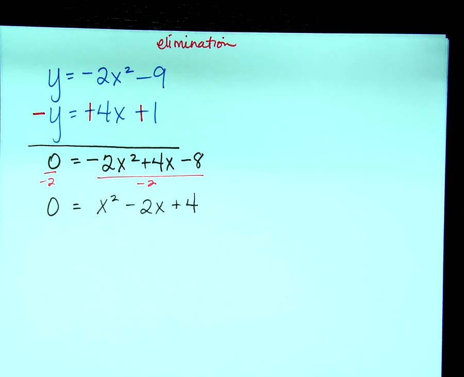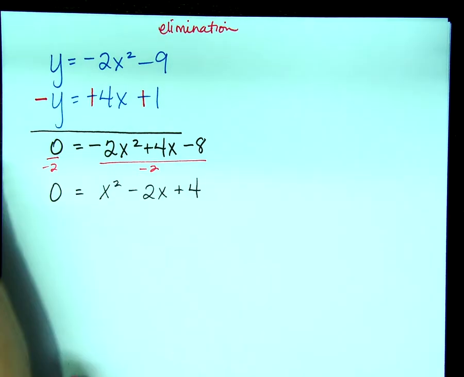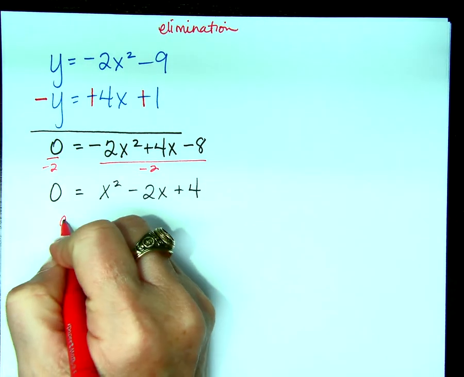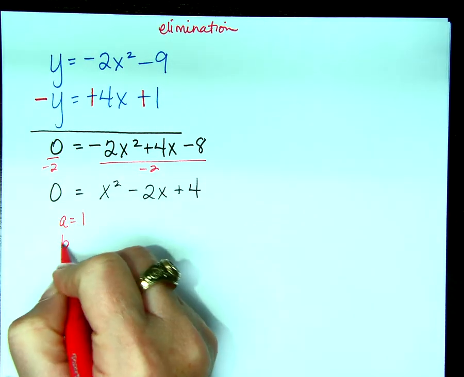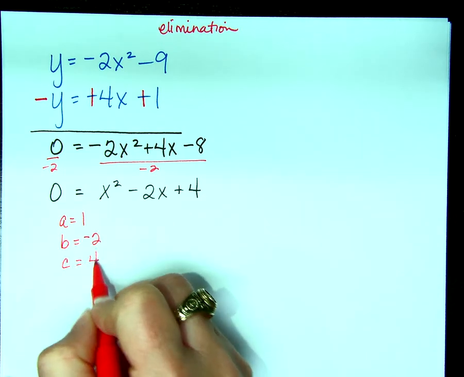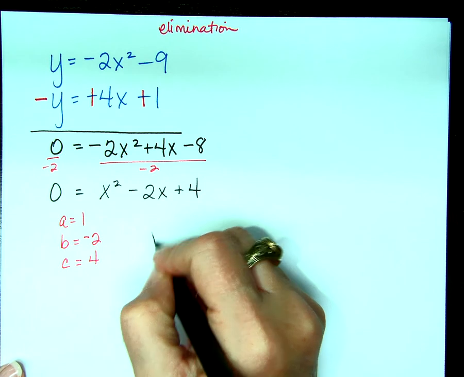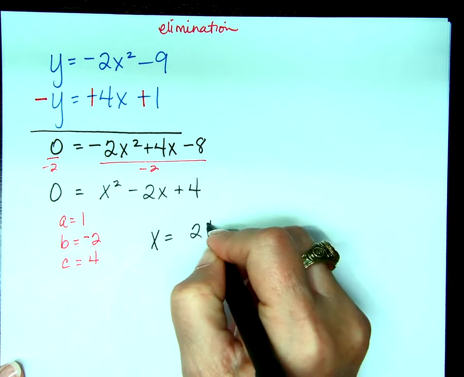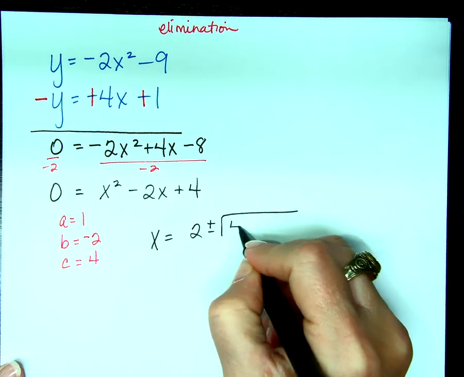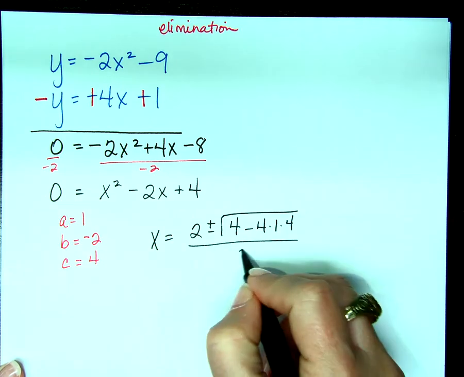Uh-oh. Can we? Oh, do we give up and cry now? Oh, no. Okay, quadratic formula. A is what? 1. B is what? -2. C is what? 4. x equals -b plus or minus the square root of b squared minus 4ac all over 2a.